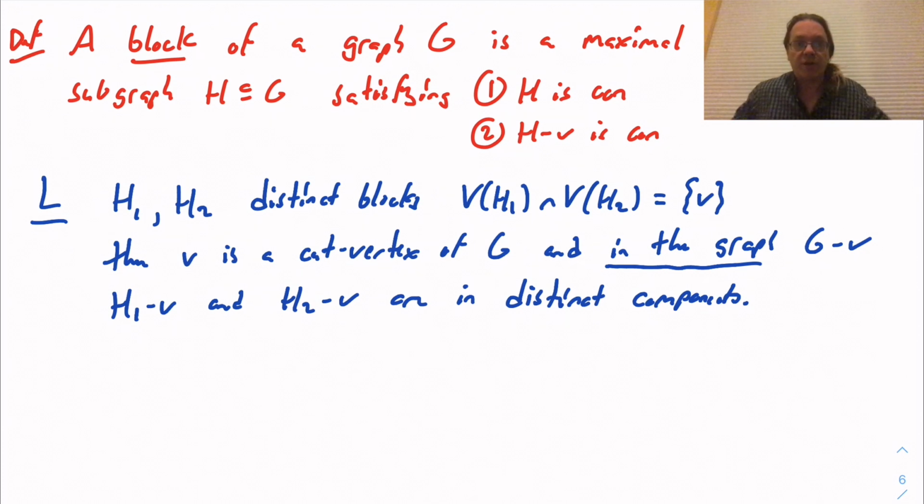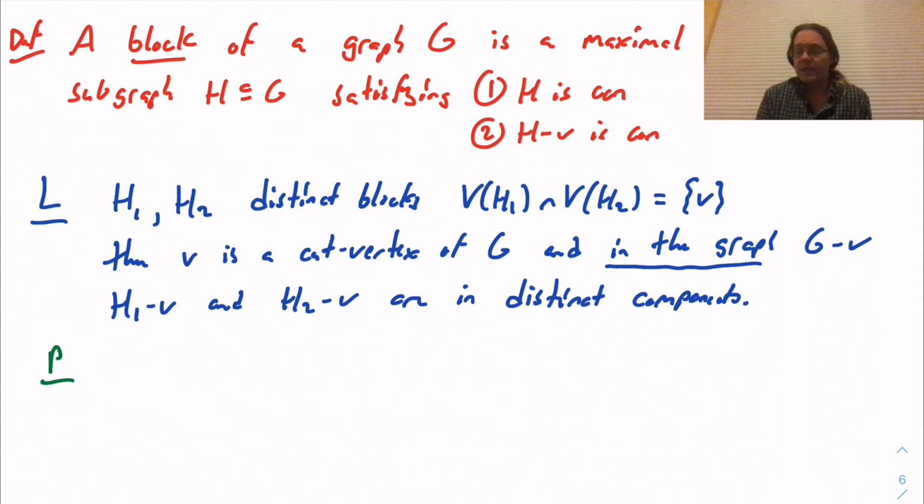Suppose they overlap in exactly one vertex, and that is the vertex V. Now what I'm claiming is that in this case, that vertex V is going to be a cut vertex, and moreover, when you delete it from the graph, what's left of H1 delete V and what's left of H2 delete V are going to be in separate components in G delete V. So if you delete the vertex V, what's left of them will be separated. And this proof is also very straightforward.